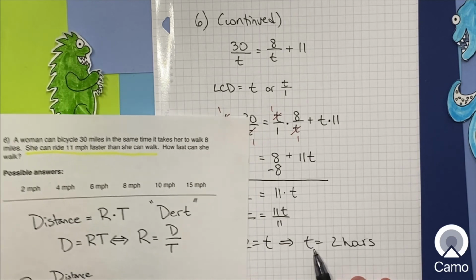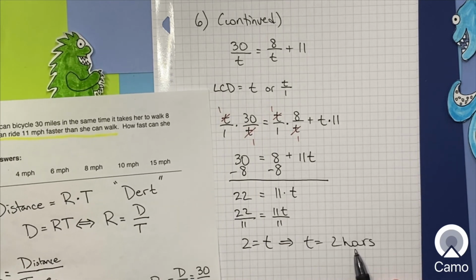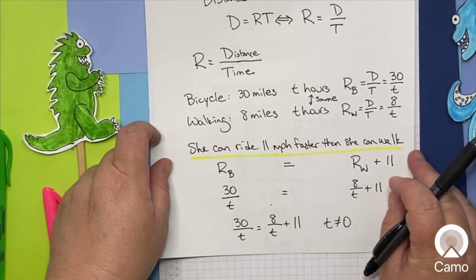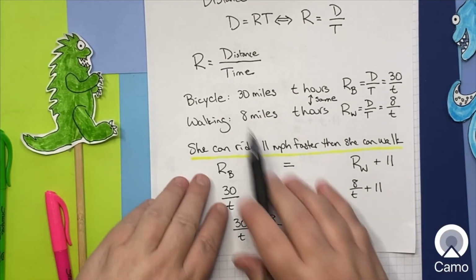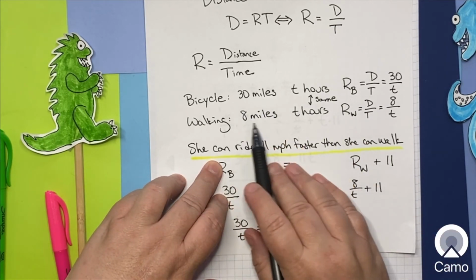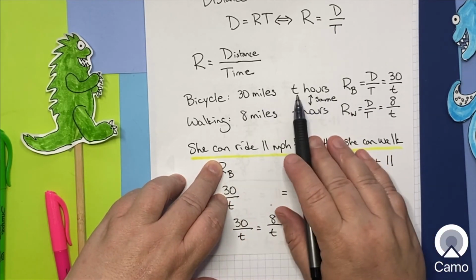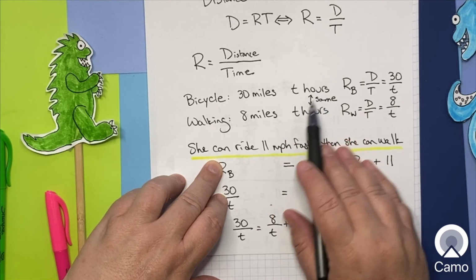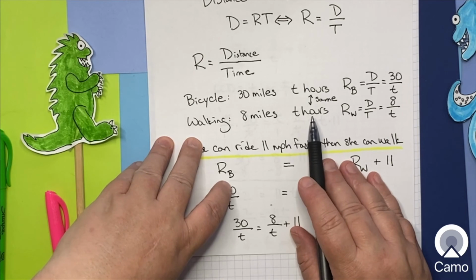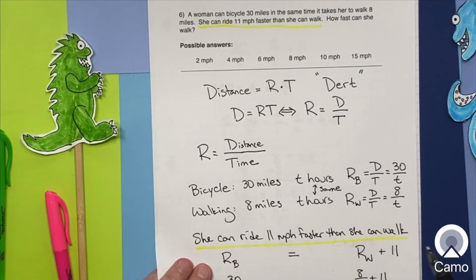So let's look at what we just discovered. T is 2 hours. What was T again? Okay, so for the bicycle, our distance was 30 miles and our time was T hours. For walking, 8 miles was our distance, and T hours was our time. What does the problem actually ask?